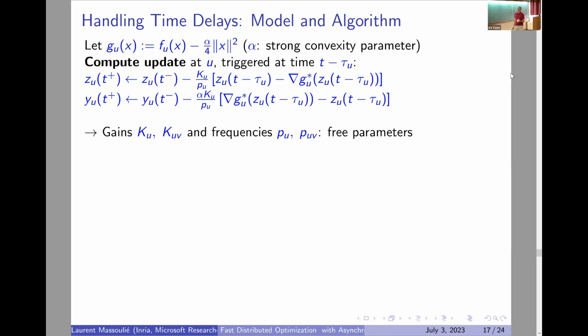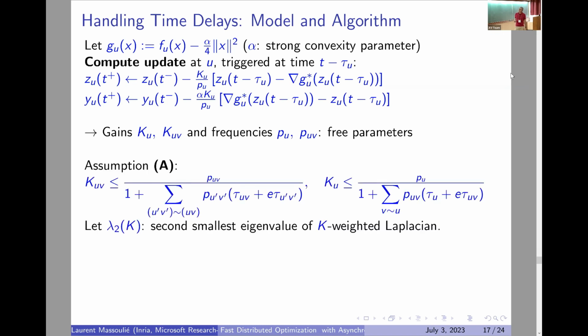And the folklore rule for delayed systems with feedback is that you should tune the gains to the reciprocal of the delay in the feedback loop. And so we'll see we need something of that kind, which is this assumption A here. Well, it's a bit more complex than just tuning the gain parameters to the reciprocals of the delays, but still it has this flavor.